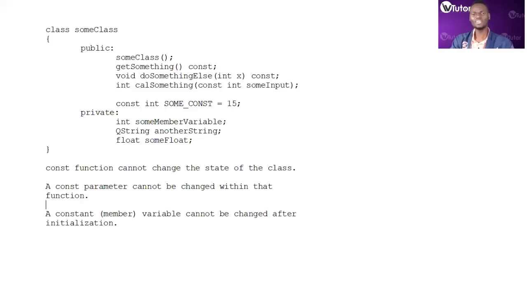Which means whenever you're dealing with a constant variable, you must declare it and initialize it. You cannot declare a constant variable like this and leave it like that. Doesn't make sense, because then how do we set it? Right? You must always declare and initialize it. After this, it cannot be changed. It will always be 12.